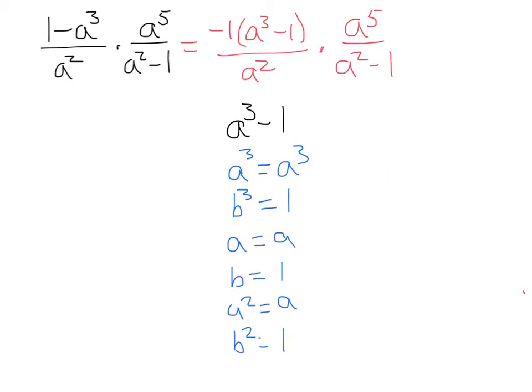Okay, and so we're still going to use SOAP like we were doing before. And so a cubed minus 1 will factor into this. Right? Same sign, opposite sign, always positive.